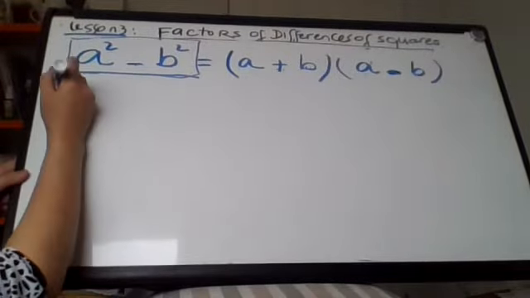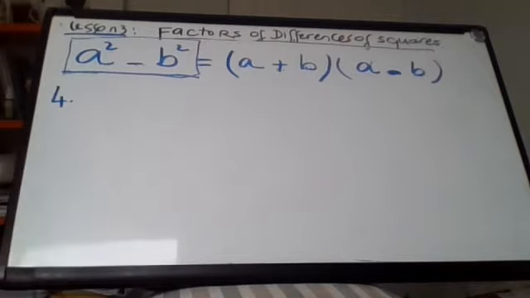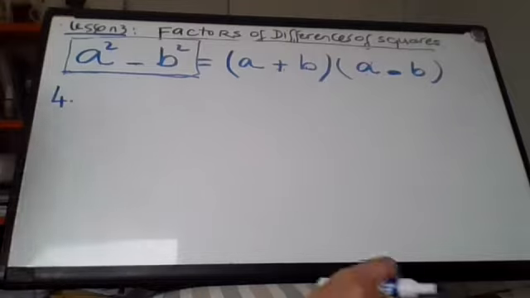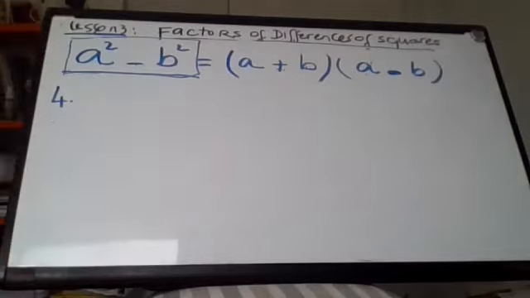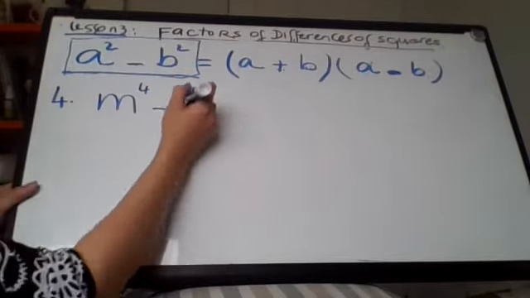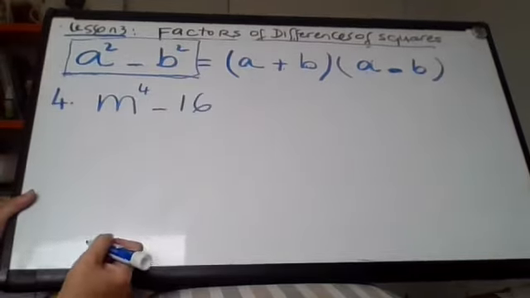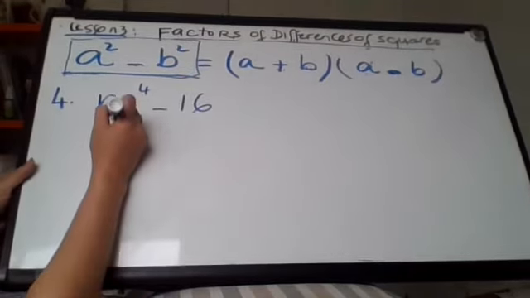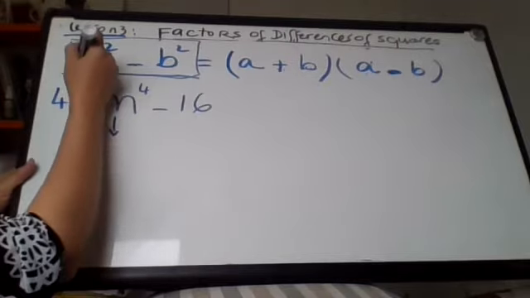All right, now let me give you an example. Example 4. Let's say now you have an expression that is more complicated. Let's say I give you an expression of m to power 4 minus 16. All right. So again, I have to bring this expression back to the pattern.